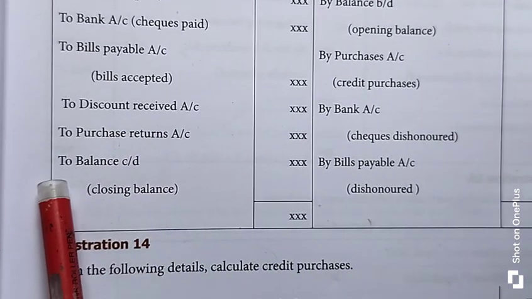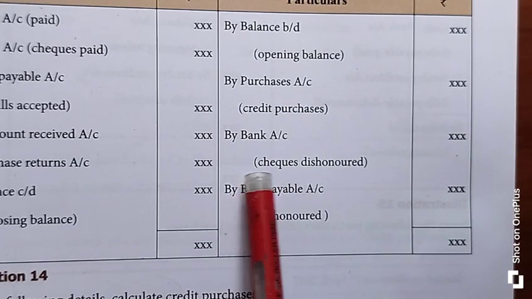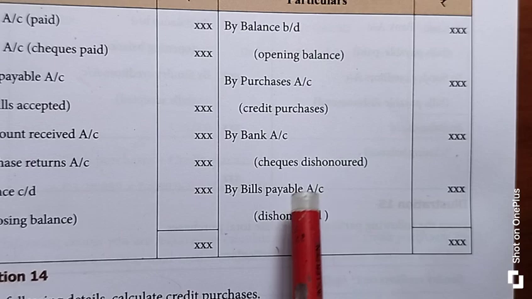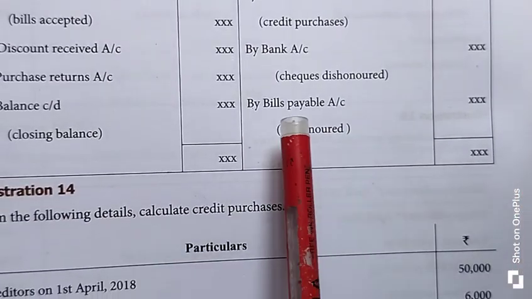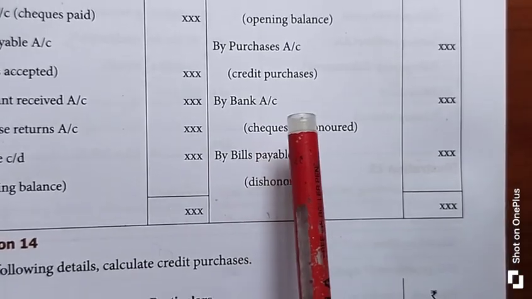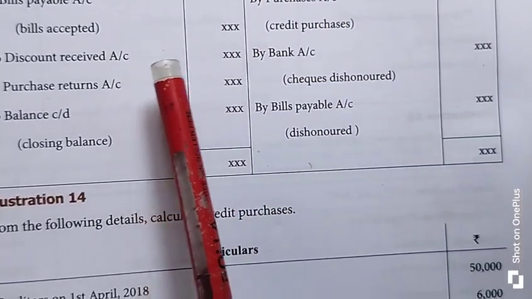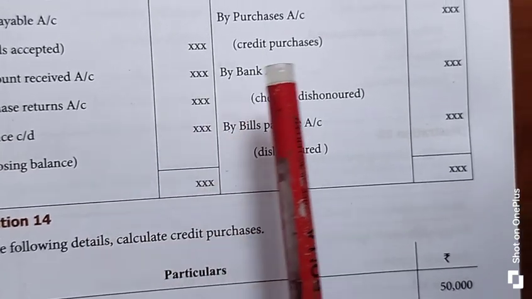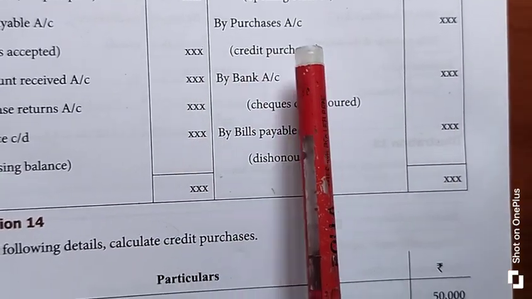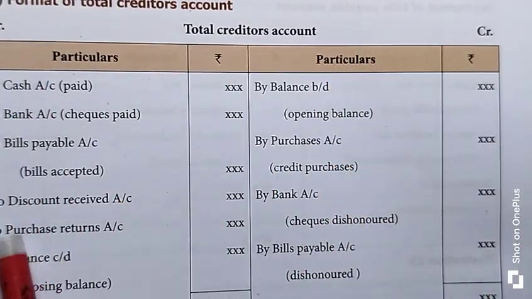Then closing balance, balance carried down. And if your cheque was bounced, dishonoured, then by bank account on the credit side, and bills payable dishonoured, so you write by bills payable account on the credit side. Then the balancing figure is credit purchases. You get the total on the debit side and you get the balance on the credit side, that is the credit purchases. So this is the format to find out the credit purchases.